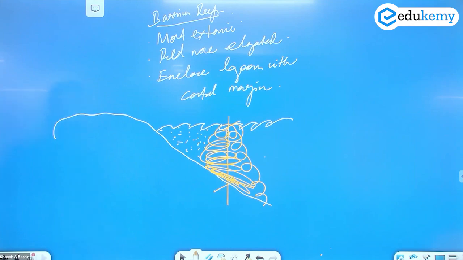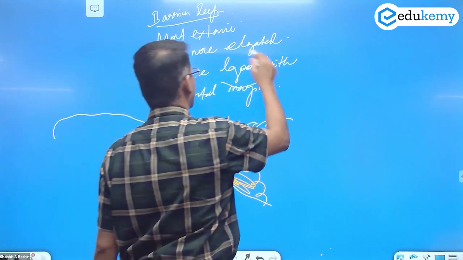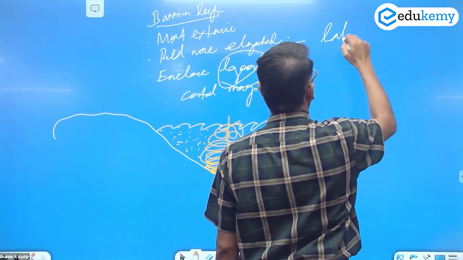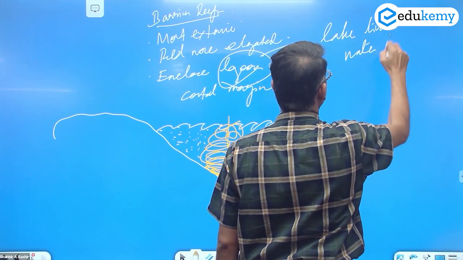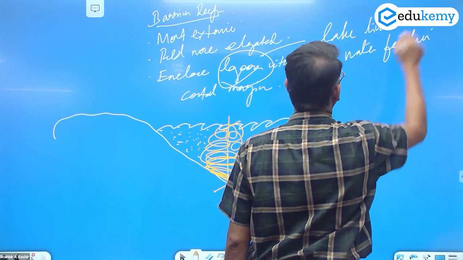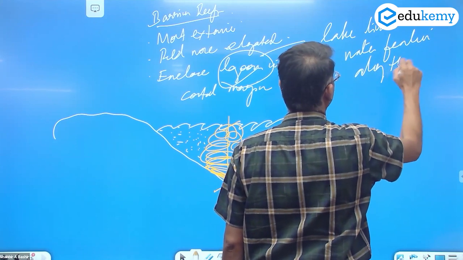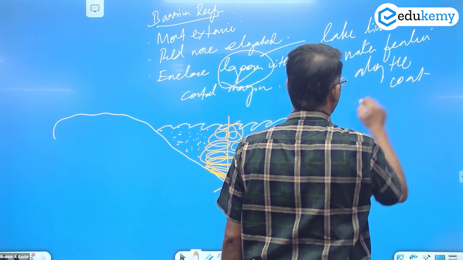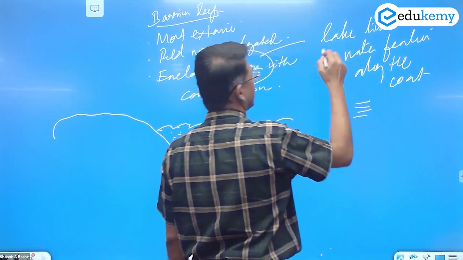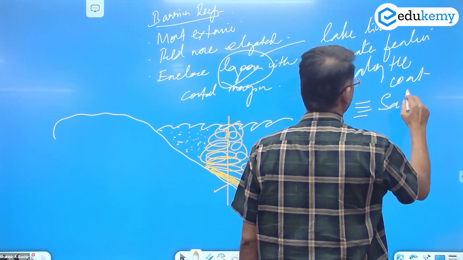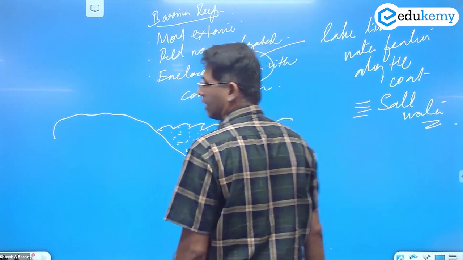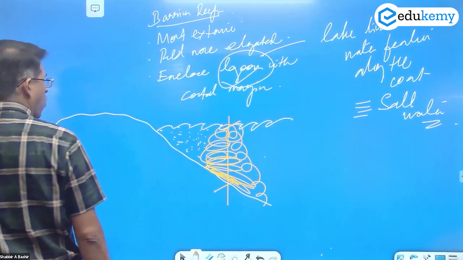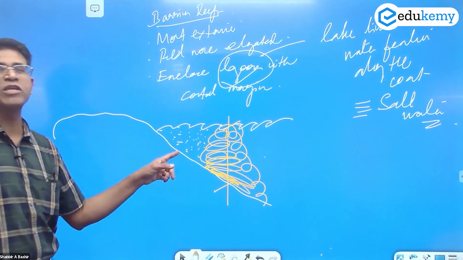They enclose lagoons. Lagoons are lake-like water features along the coast, and very importantly, lagoons have salt water. So ये जो water है, ये salt water है, part of the ocean ही है.